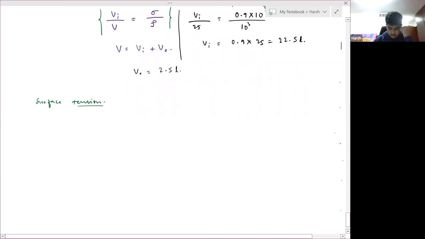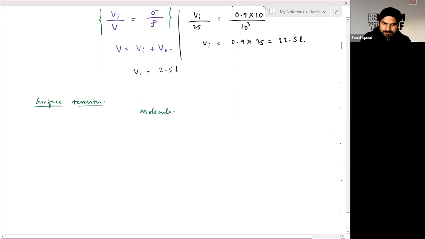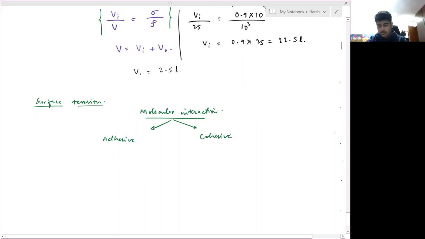Next is surface tension. To define surface tension, let me give you some idea about molecular interaction. In general, we have two different types of molecular interaction. First is called adhesive force and second is called cohesive force, or force of adhesion or force of cohesion.